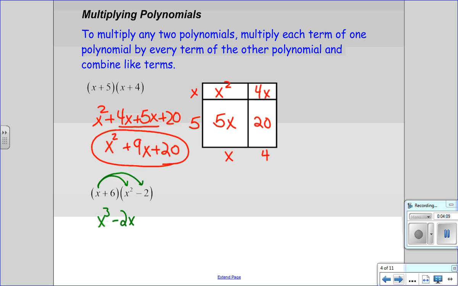Then I'll do that same distributing with my 6. So 6 times x squared is positive 6x squared, and 6 times negative 2 is negative 12. I then look to combine like terms, and in this case I don't have any, but I would still prefer to write this final answer in descending order. So I'll rearrange the order of my polynomial, of my product, to get this.